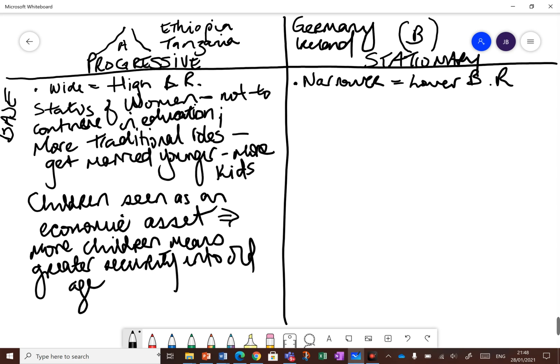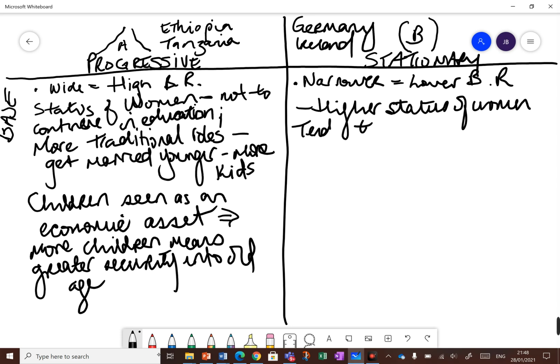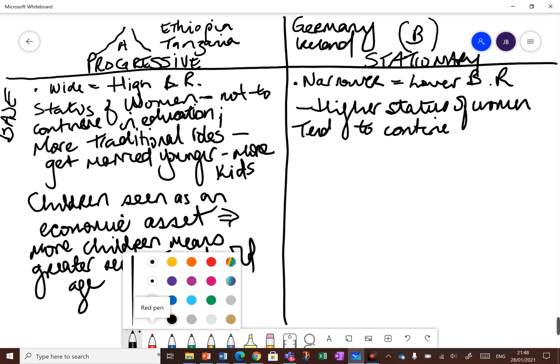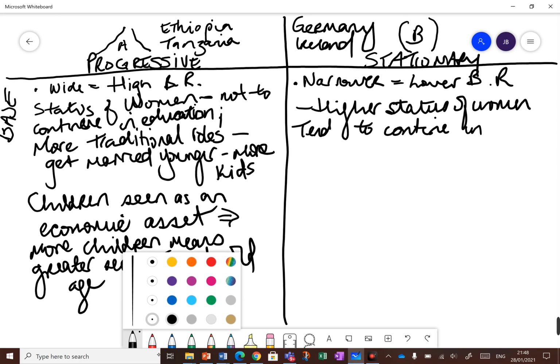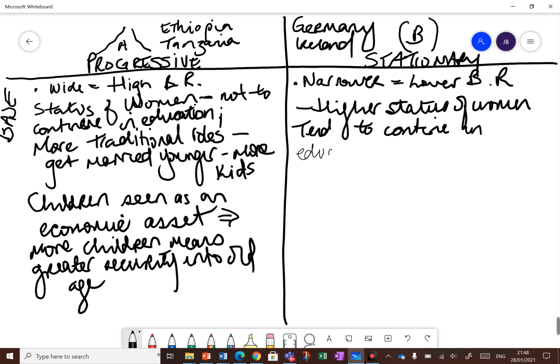Now, the opposite in the stationary pyramid. So, higher status of women. Tend to continue into education.